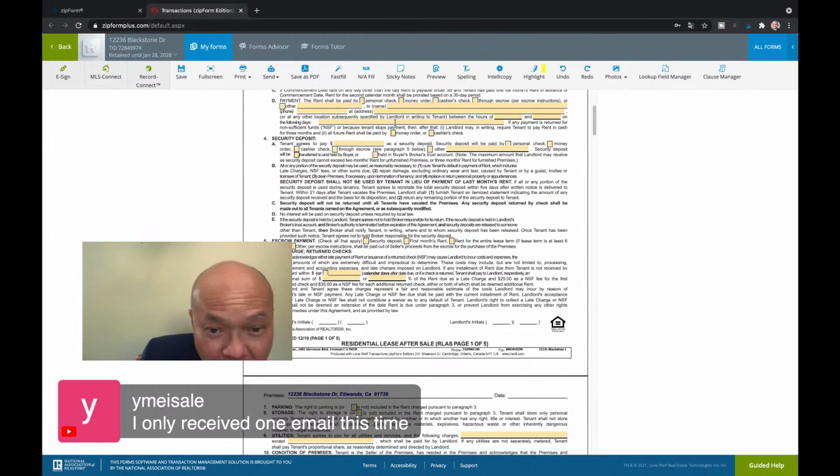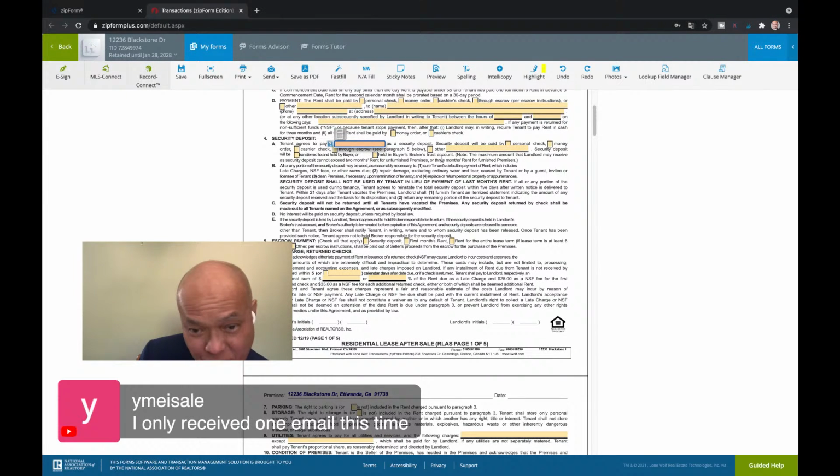All right. Now on number 4, security deposit. You can negotiate whatever amount you want to negotiate. Most people just use one month's rent as security deposit, but that's totally up to the seller and the buyer. Except that it cannot be more than 2 months if it's not furnished.